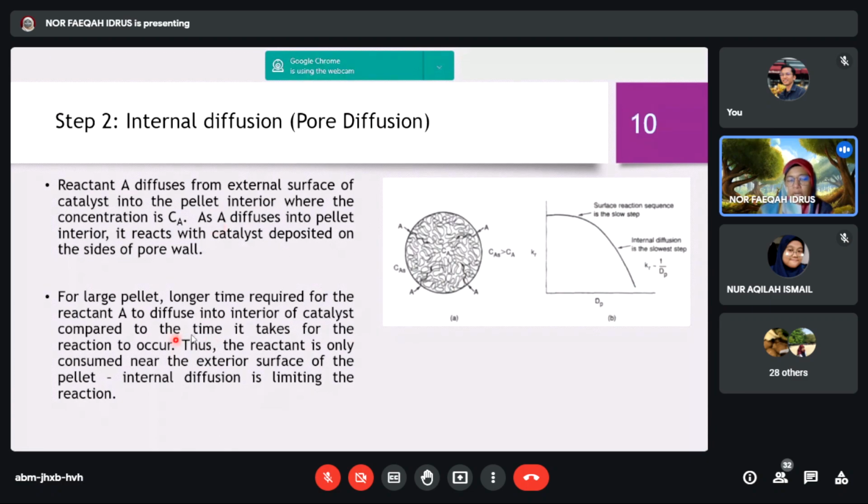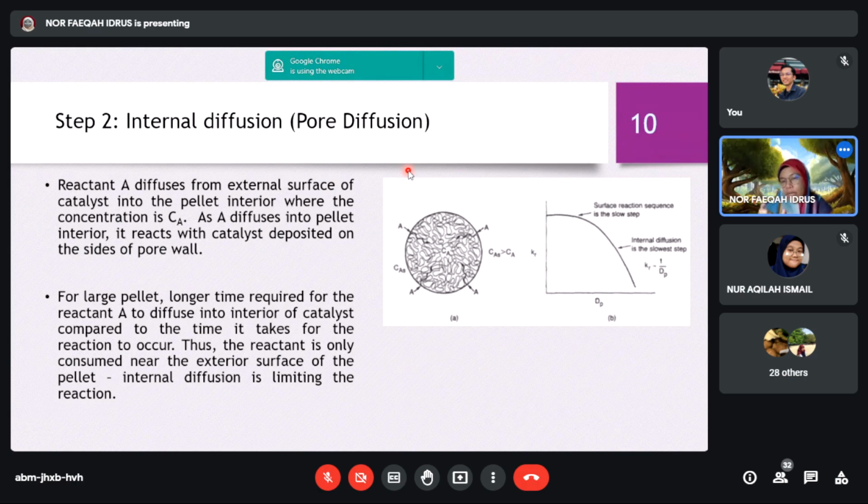Okay, kenapa? Because the size of catalyst is bigger. So kalau diameter of the catalyst is bigger, of course the diffusion ataupun the transportation of reactant from the external surface tu, dia nak masuk ke dalam through to the interior part of the catalyst, it will take time because the path that the reactant needs to go through is longer.